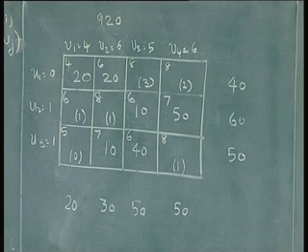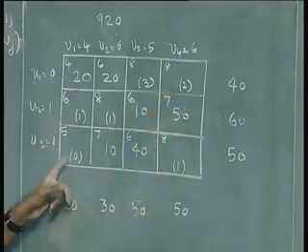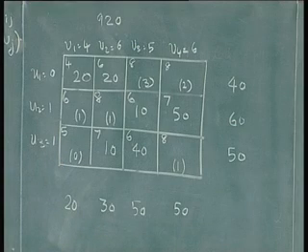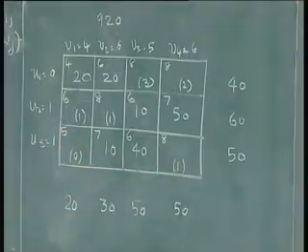Now we find that all Cij minus ui plus vj are positive with a 0, there is no negative Cij minus ui plus vj. So there is no entering variable, or every non-basic variable taken individually is not capable of decreasing the objective function further. So we say that the optimum solution is reached because all the Cij minus ui plus vj's are greater than or equal to 0.